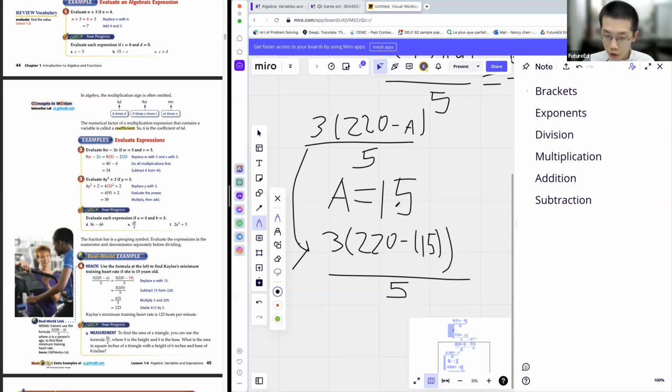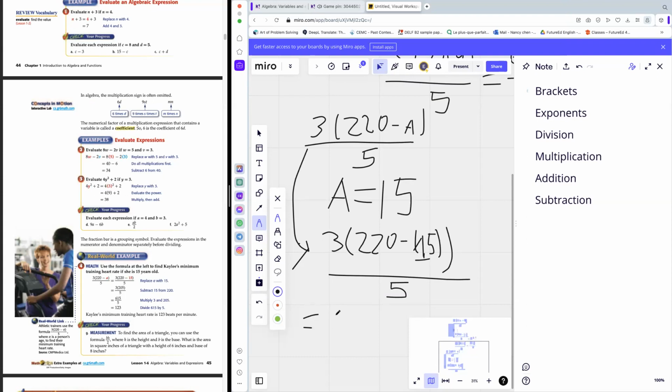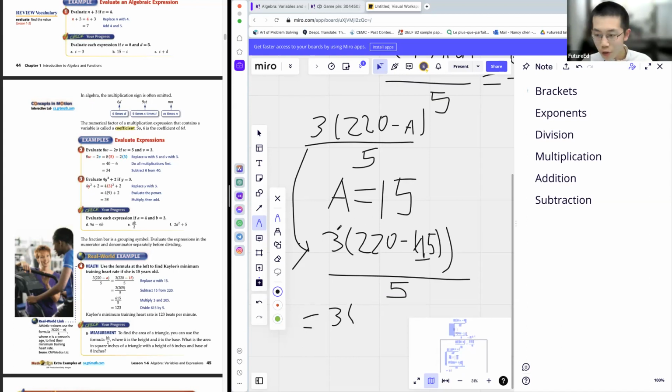Remember, our first step is to substitute 15 into a, right? So what would you do next? You have 3 times 220 minus 15 divided by 5. I think you're using the distributive property, but let's not go there yet.